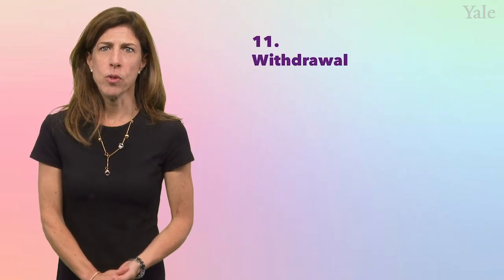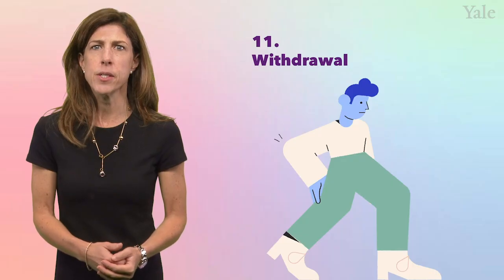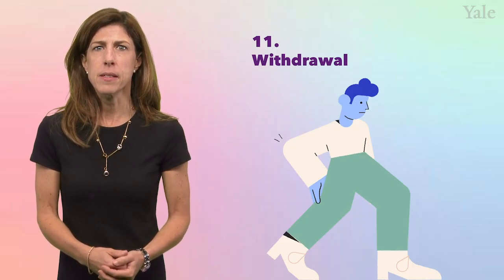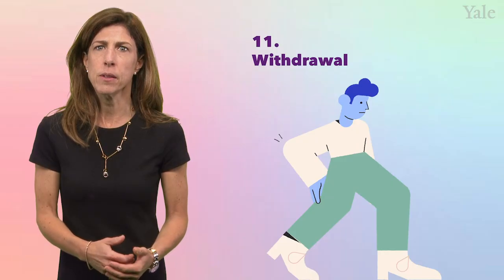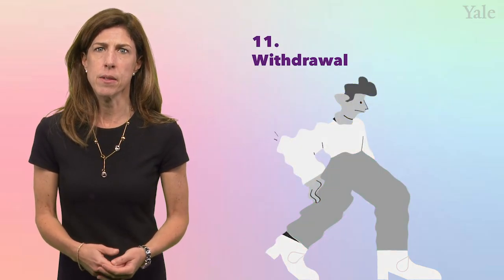Finally, we have withdrawal. Along with tolerance, withdrawal speaks to the physiologic dependence a person develops to repeated substance use. The specific withdrawal syndrome, including the onset and duration, will depend on the actual substance used.